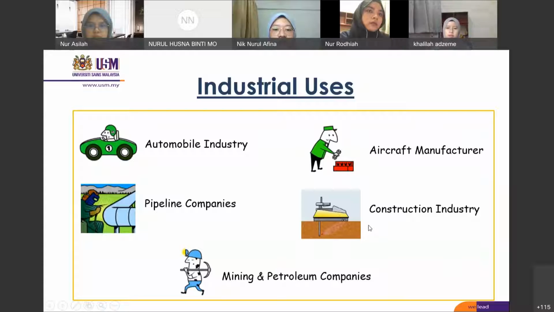Radioactive material is also used to gauge soil moisture content and asphalt density in the construction industry. So this gauge will ensure that safe buildings and roads are being built. And lastly, mining and petroleum companies use isotopes to locate and quantify geological mineral deposits. Next.